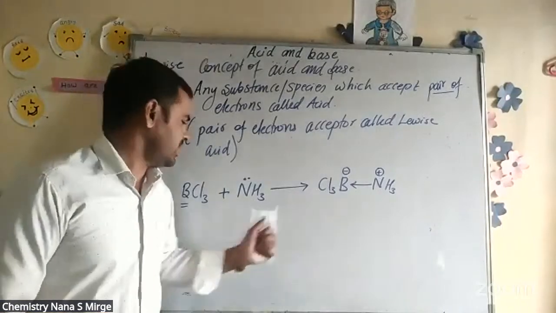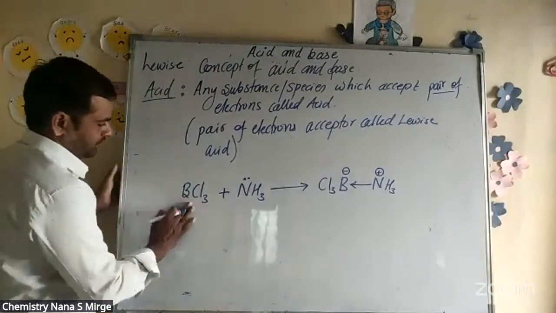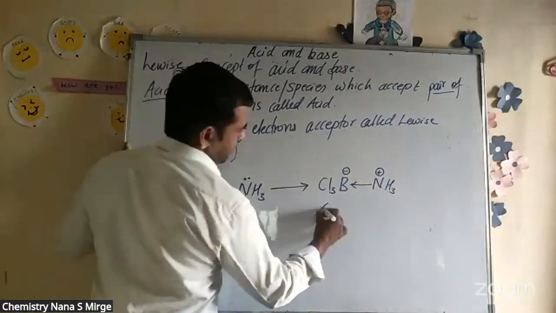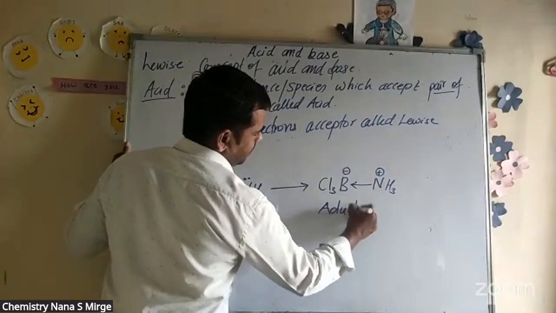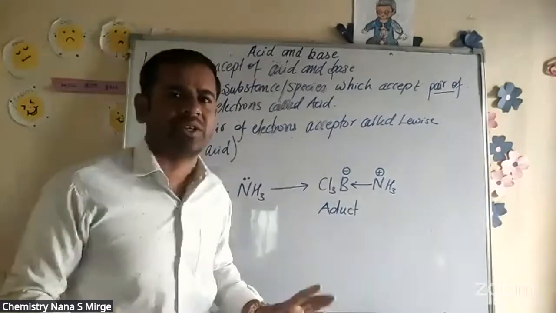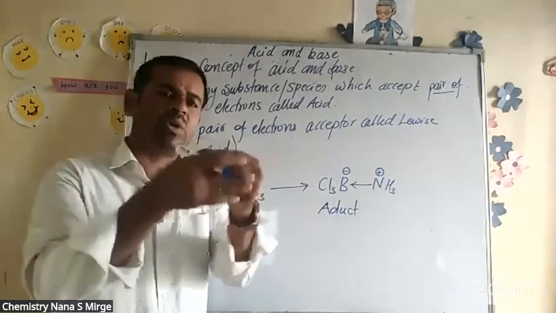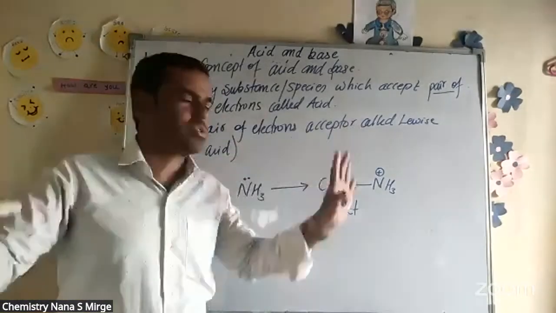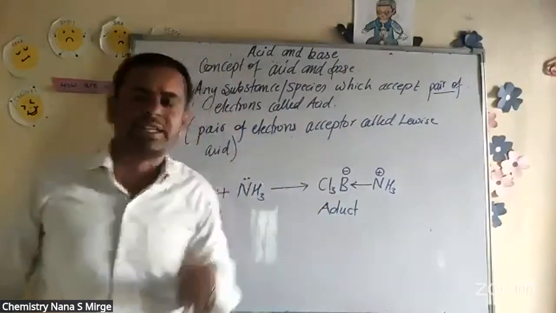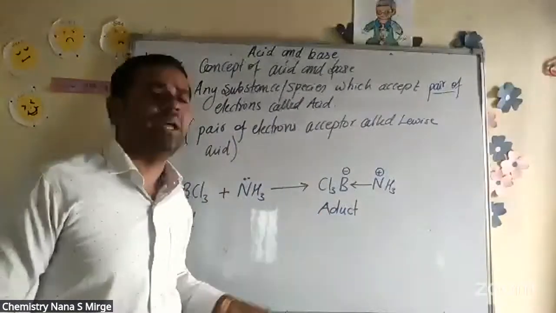So this is called acid, and this one is the adduct. Adduct means it donates and accepts the electron and then the reaction stops. That is adduct. So this boron atom, which can accept the pair of electrons, is called acid.